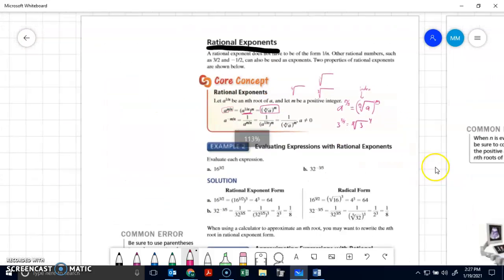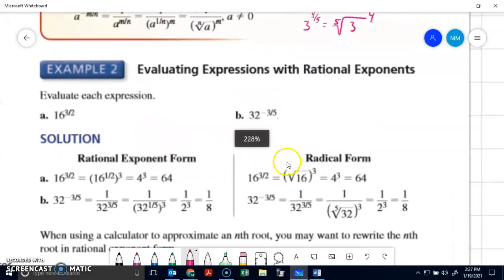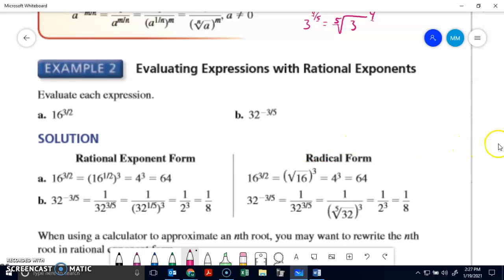All right, so let's move on to a couple examples. I'm not going to do all of these in this document, but something like 16 to the 3/2 power. We're not going to do the rational form, we're going to do the radical form: the second root of 16 raised to the 3rd power.